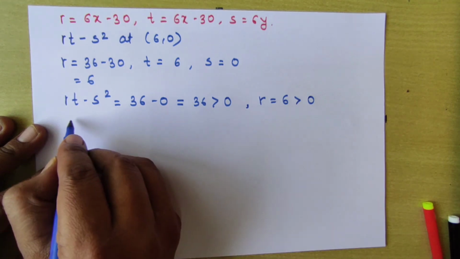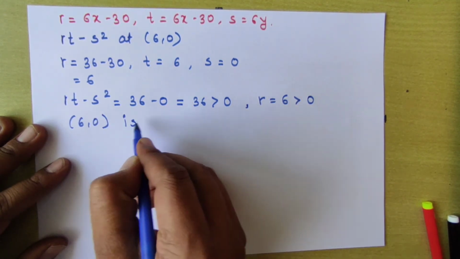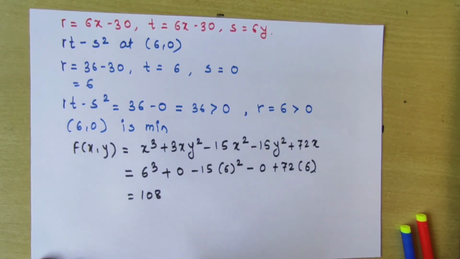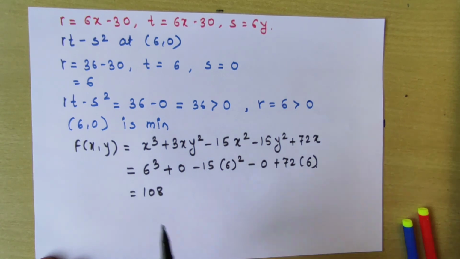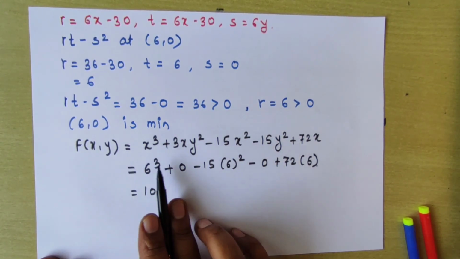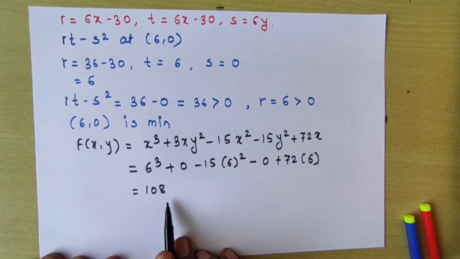Therefore, the point (6, 0) is minimum. To calculate the value of that function at (6, 0), we substitute x is equal to 6 and y equal to 0, we get 108. So this is how we find the maximum and minimum value of any function.